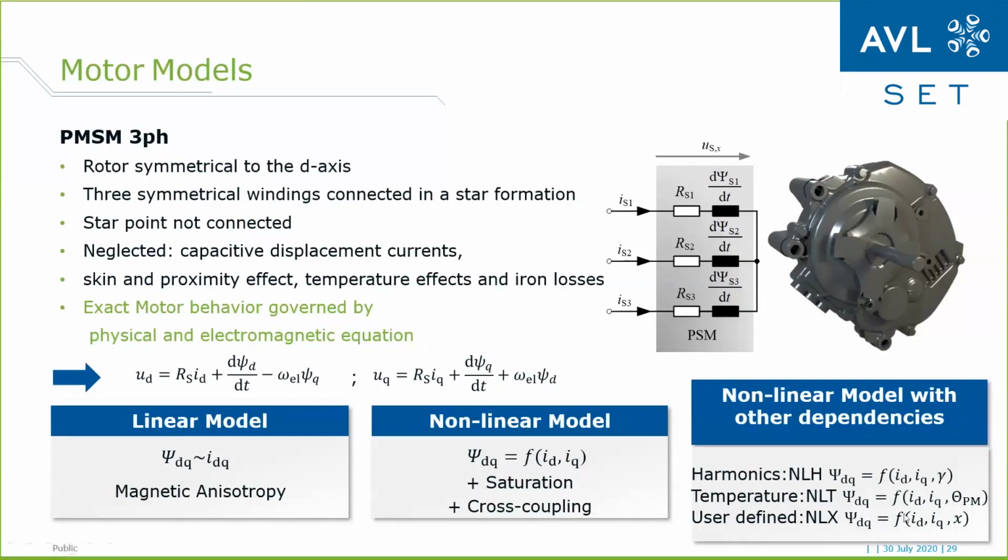The user can also define a third dimension, on which the flux linkage maps are also dependent. So the idea is the motor is generic. A user has to only provide the data for the motor and no need to emulate the motor itself, so that the exact behavior is maintained throughout.